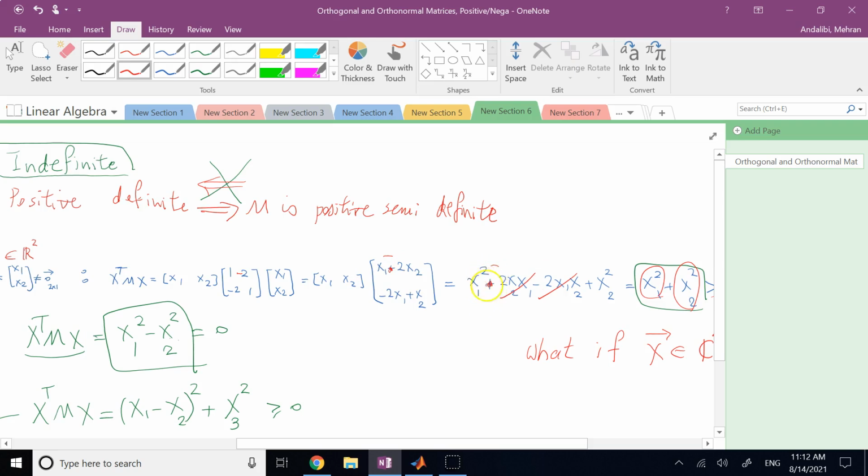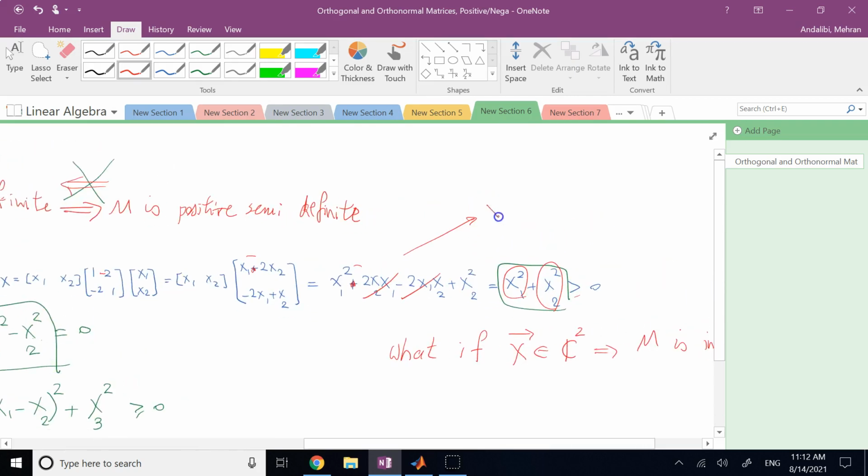So it will be x1 minus, and these two will not cancel. So the result of that is going to be x1 minus x2, the whole thing squared, then minus 2x1x2. And this term in general can take any sign depending on the magnitude of x1 and x2, right?